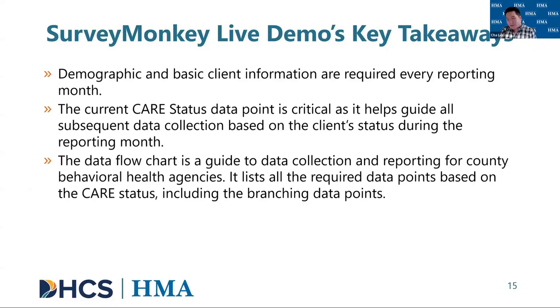And that data point is going to be 3.3.10. The data flow chart is a guide to data collection and data reporting for county behavioral health agencies. It lists all the required data points based on the care status, including the branching data points.